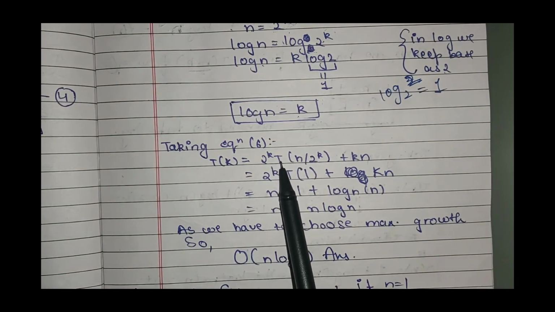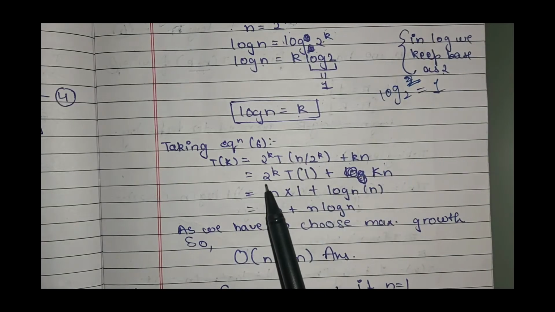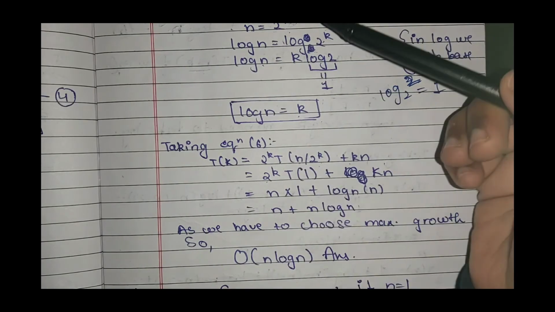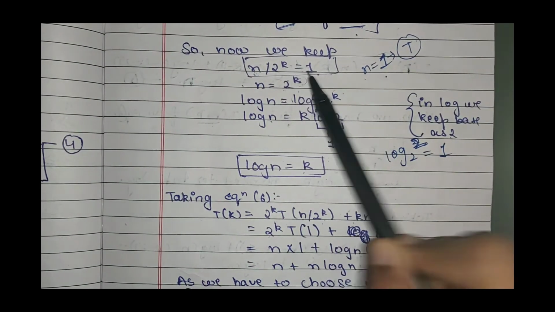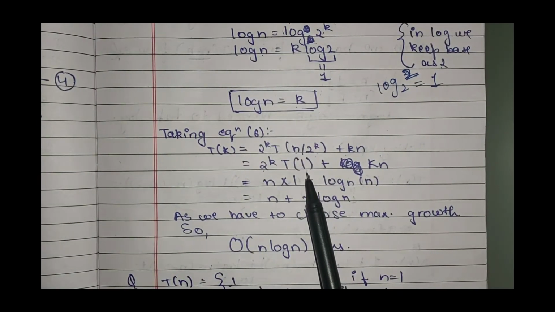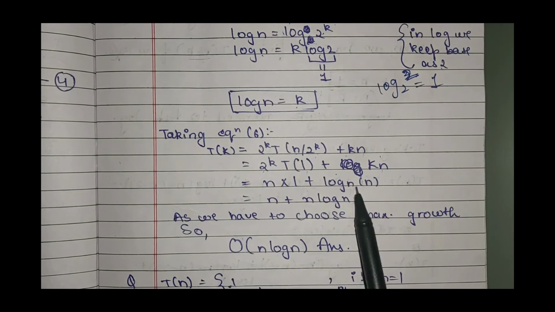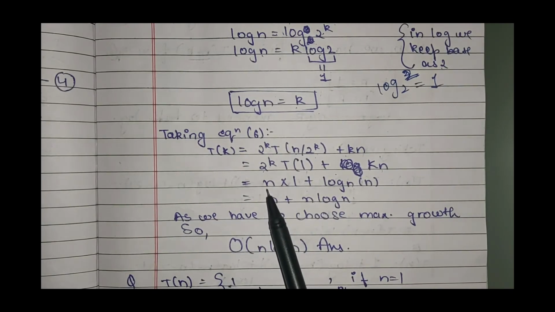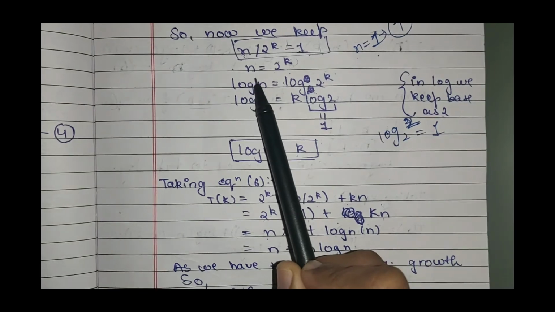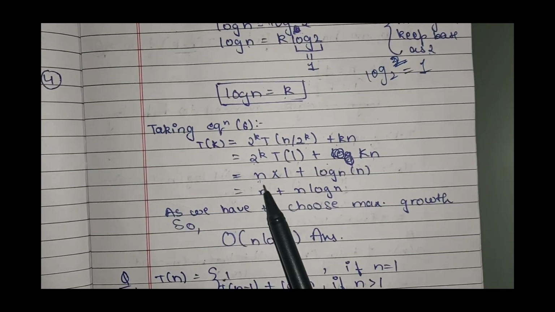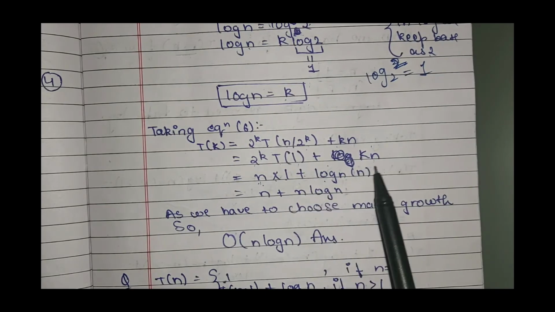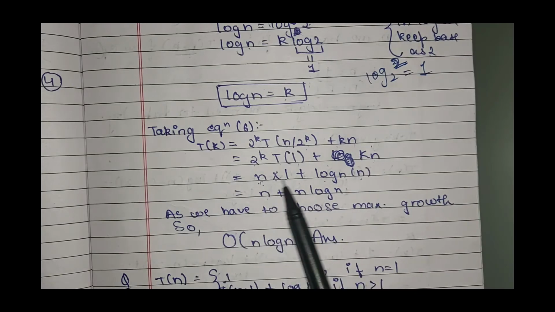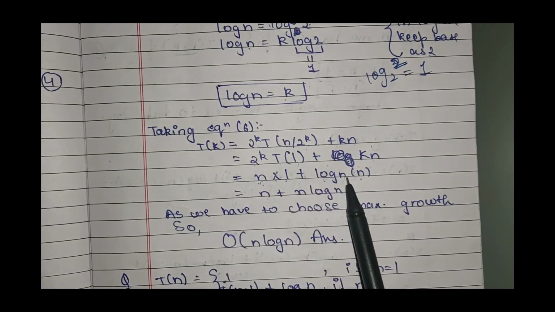So we are having 2^k T(n / 2^k) + kn. Now n by 2^k is 1, so we'll write T(1), which is 1. 2^k is equal to n, so it is n into T(1), which is 1, plus k is log n, and n will be n as it is. So it will be n into 1, that is n, plus log n into n, so n will come in front of log n, so n log n.